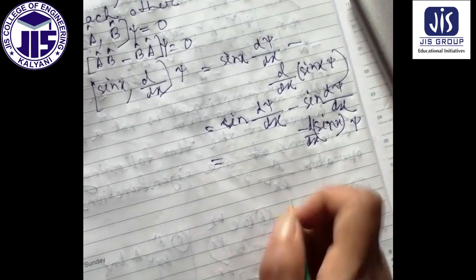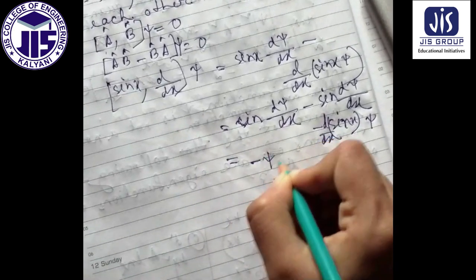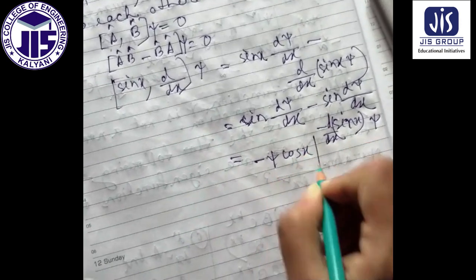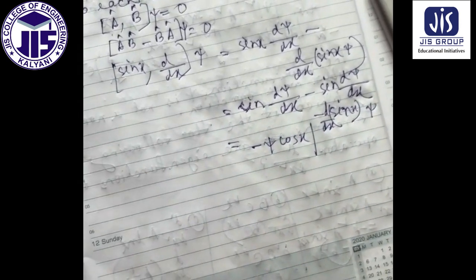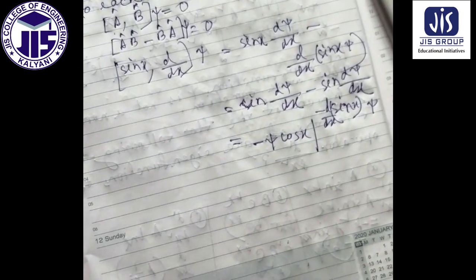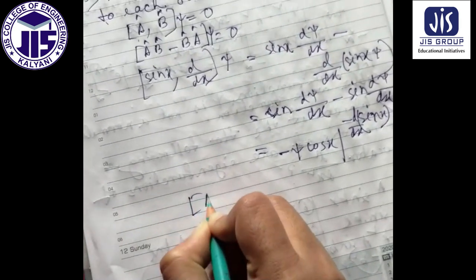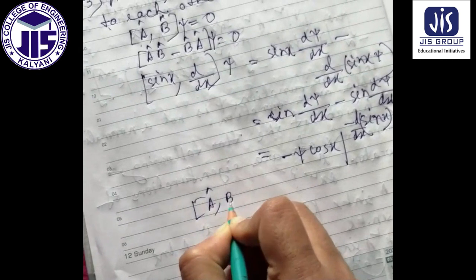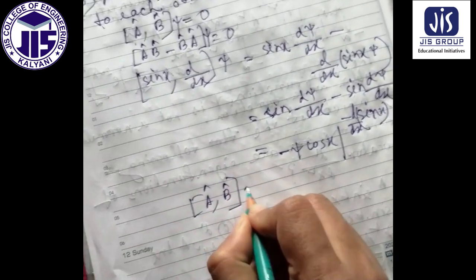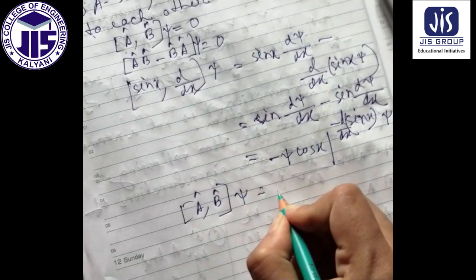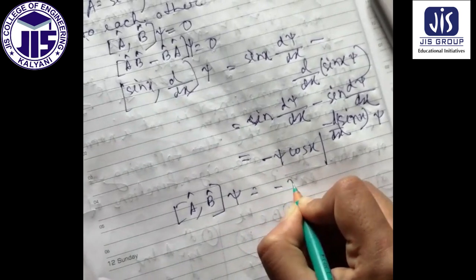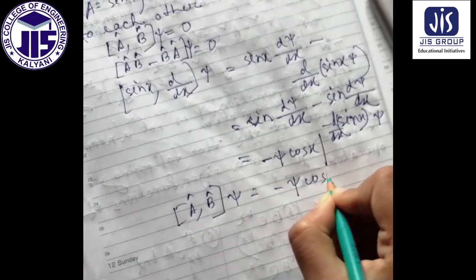So finally what are we getting? Minus psi cos x. That means finally, the commutator of a cap comma b cap acting on psi is equal to minus psi cos x.